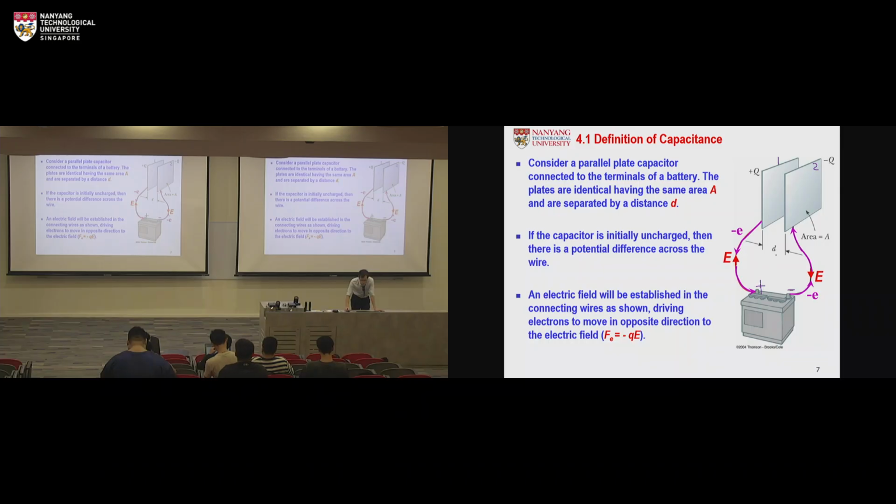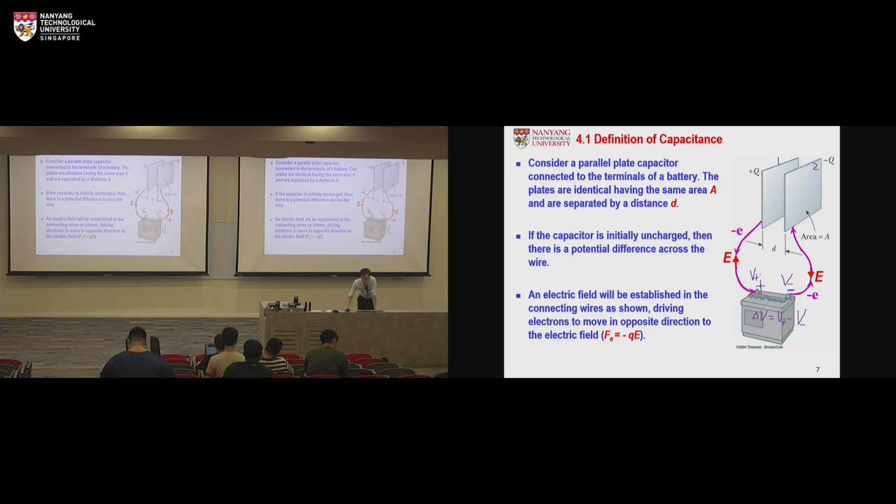First of all, let's assume the voltage supplied by this battery is delta V. Of course, this delta V should equal V plus minus V minus, the potential difference between the positive end and negative end. This is how we define the voltage supplied by a battery.